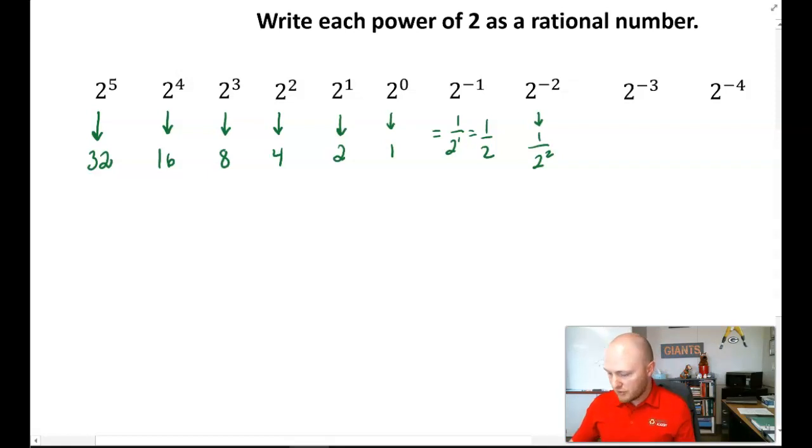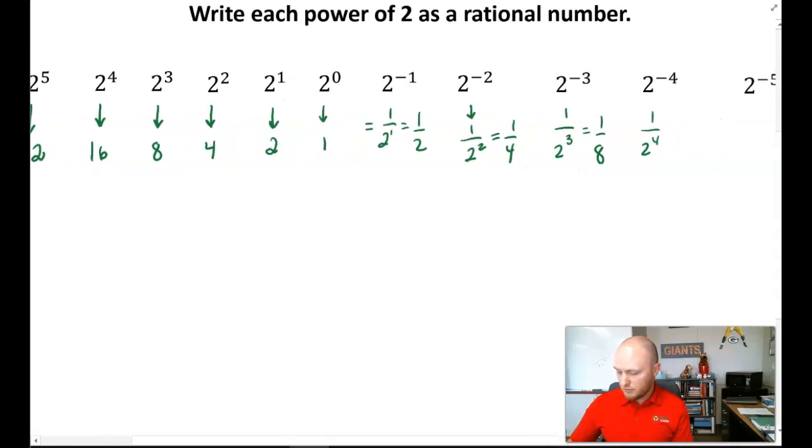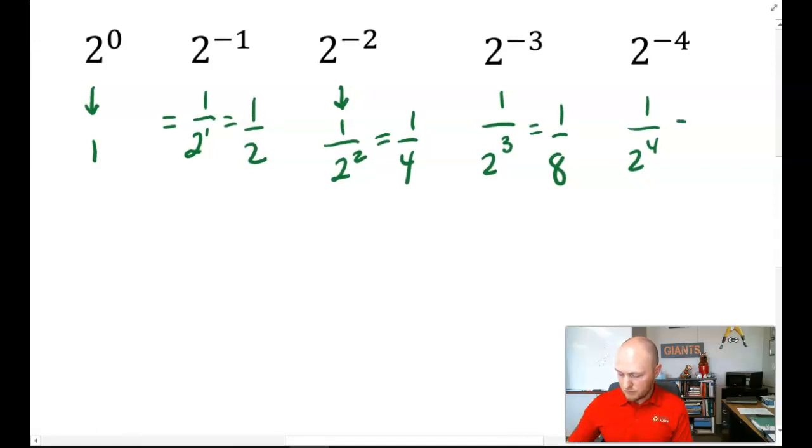So 1 over 2 squared, which is 1/4. 2 to the power of negative 3 is 1 over 2 to the power of 3, which is 1/8. And 2 to the negative 4th is 1 over 2 to the 4th, which is 1/16.